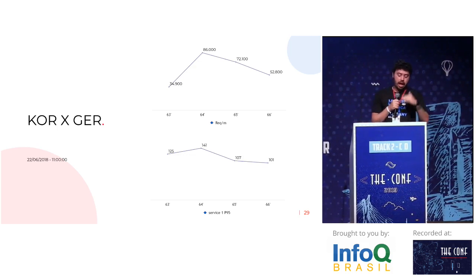And on the bottom, I have my P95, my 95th percentile, which was around 120 milliseconds. So if I set my timeout near this value, and I perform a retry with 2, 3, or 4 attempts, maybe I can get a success before 1 second.